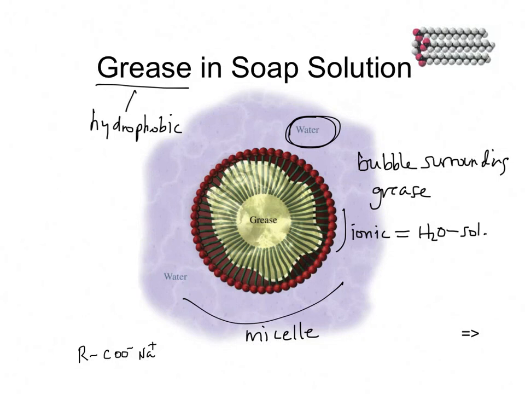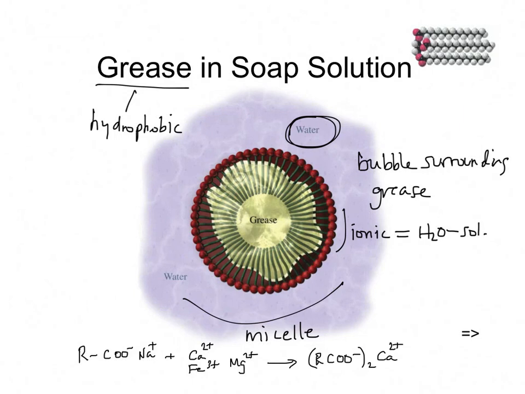If you use a soap in hard water, and that would be water containing calcium ions or iron, well water is a perfect example, or magnesium, any sort of hard water ions, the sodium gets replaced by the other metal ion. And we can draw a new salt where we have RCOO-, and let's do calcium, so we'll have 2 of those to balance it. So there it is. And this would be 2+.